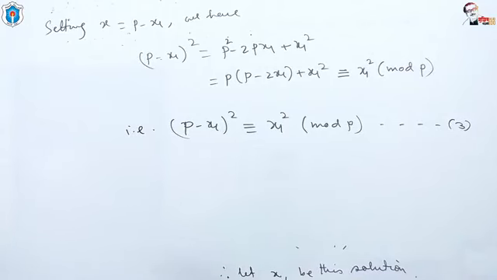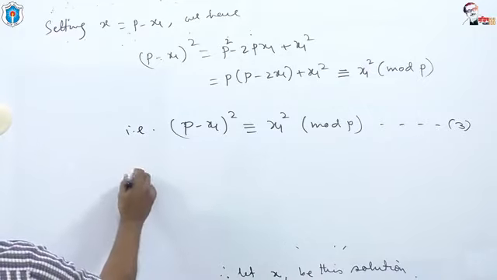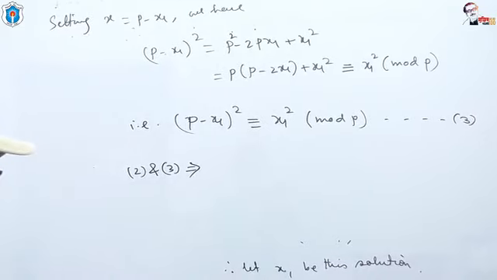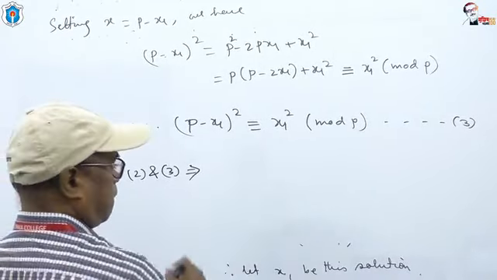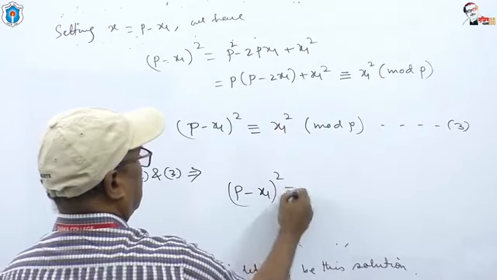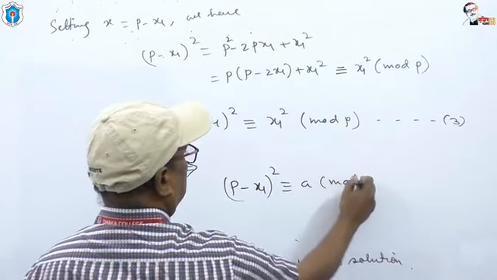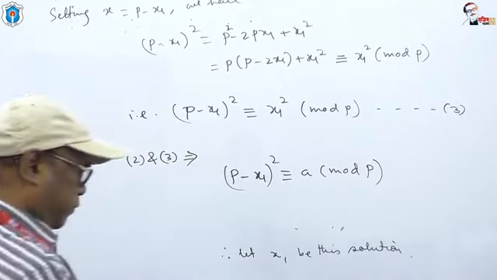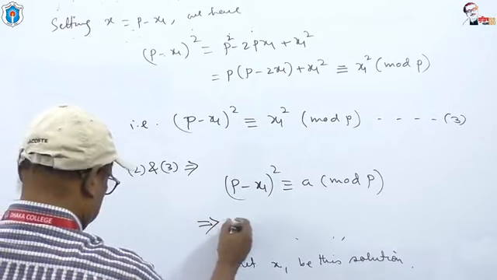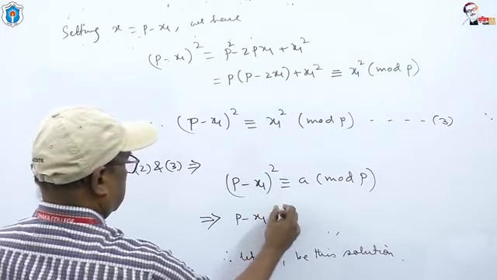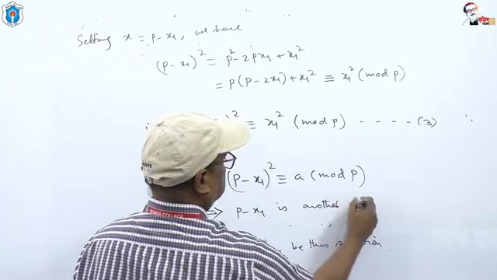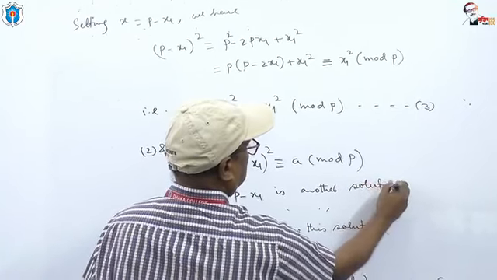Then by using transitivity law we have (p minus x1) square congruent to a mod p, which shows that p minus x1 is another solution of 1.